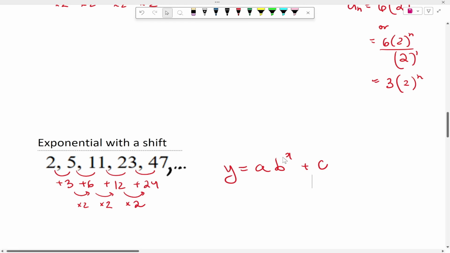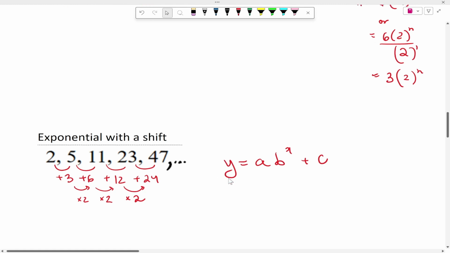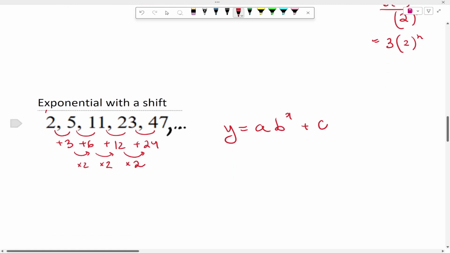I know I'm using y and x instead of n and an, whatever, it doesn't really matter. Just remember that x starts with 1 if you're thinking about x's, just like with n, the position always starts with 1. So when you're doing this, I would suggest, because we just have a, b, c, it's not too hard to just use the points.